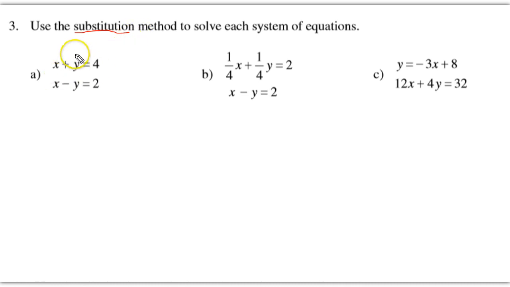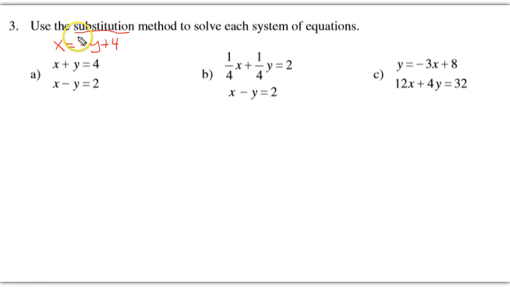Well, the key is you first take one of these equations and solve for either x or y. So let's solve for x. x is going to equal, transpose the y, a negative y plus 4. We're just taking this y and moving it to the other side. Now you could move it after the 4 as well, but I like to do it this way.